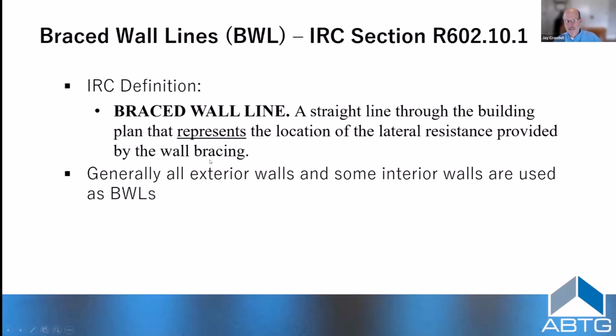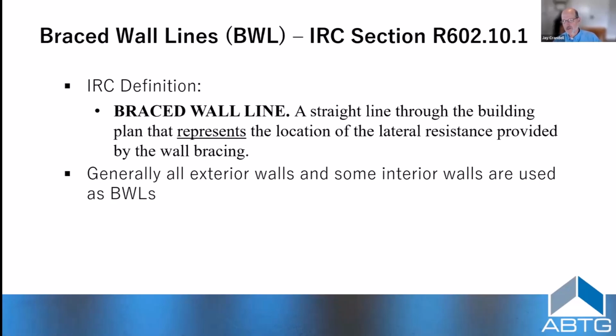It's a straight line through the building plan that represents, it is not, but represents the location of lateral resistance along a given wall line or facade of a building, or even through an interior series of walls in the building. Generally, all your exterior walls or sides of the building are going to be identified as braced wall lines.